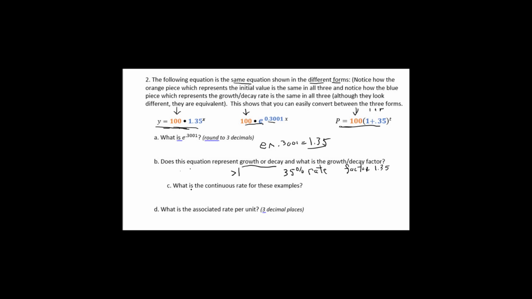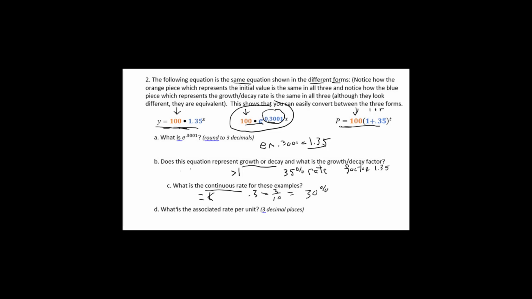What is the continuous rate for these examples? The continuous rate has to come from the continuous equation. And there is K, the rate. It equals K. And K, 0.3 is 3/10, which is 30%, or 30 over 100.